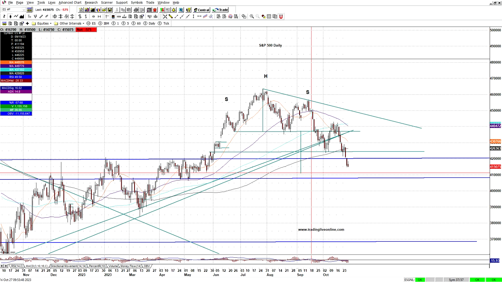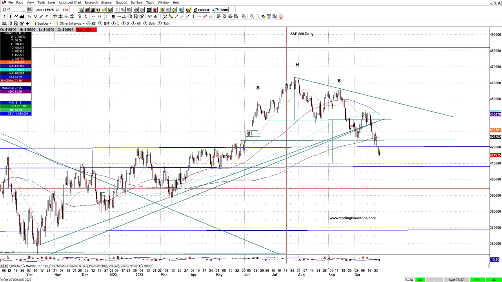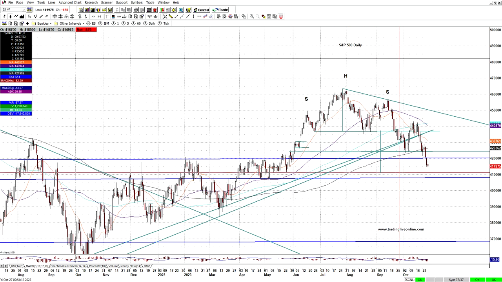Roughly that's coming in to around the 41.15-ish area. Let's not get locked into one price. Let's call it 41.15, 41.20. You want to be watching where the low and the target of this is. So if we look, let me put this over a little bit further.